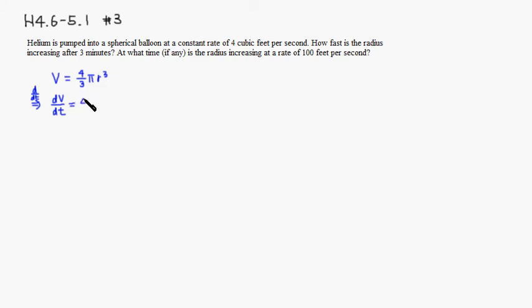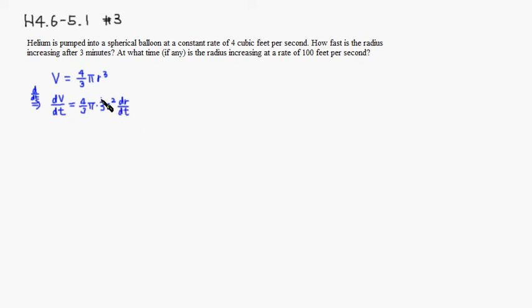Then 4/3 pi is just a constant, right? So if you take the derivative, r cubed would be 3r squared, but don't forget to multiply by dr over dt, right?